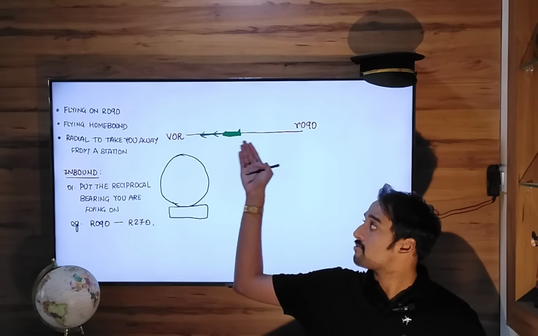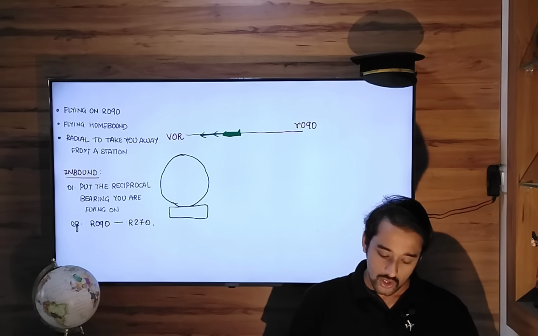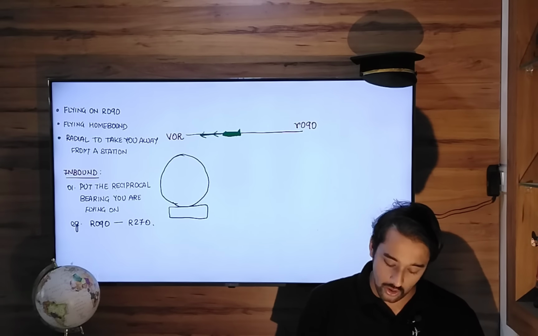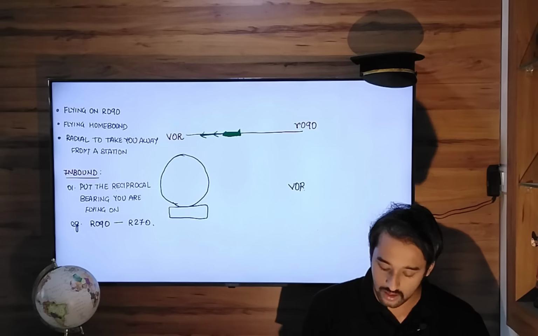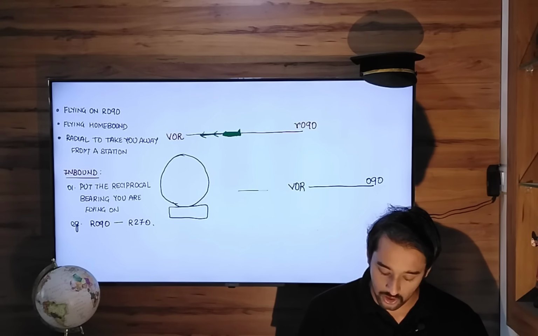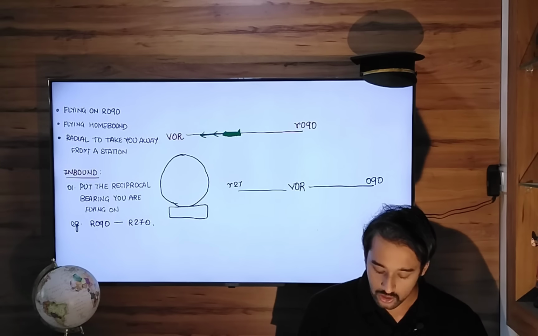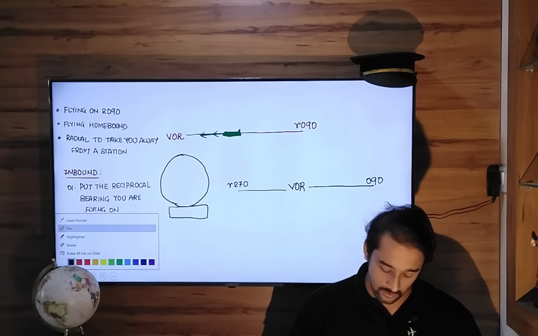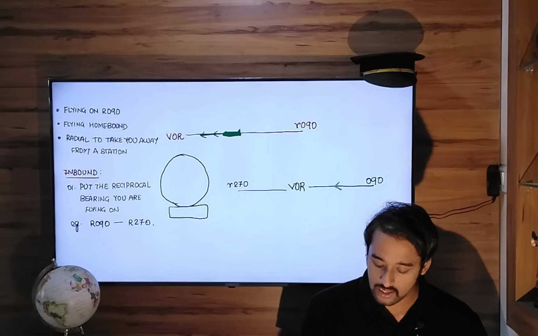So now you are flying inbound towards this VOR. So when you fly inbound towards this VOR, you will transition from radial 090 to radial 270.